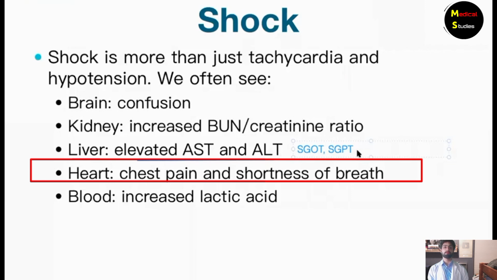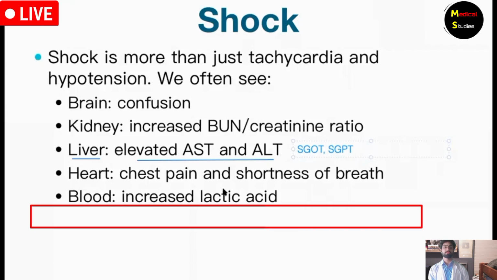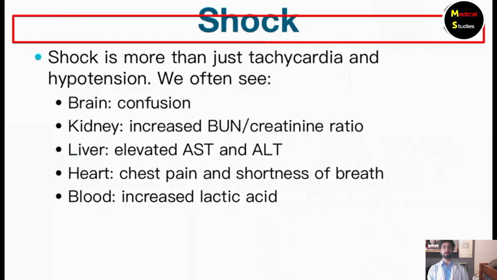And the end product of anaerobic metabolism is lactic acid. So this is how you can correlate things. In the end, all of this shock develops metabolic acidosis. This is the mechanism. Okay, let's go for further notes.